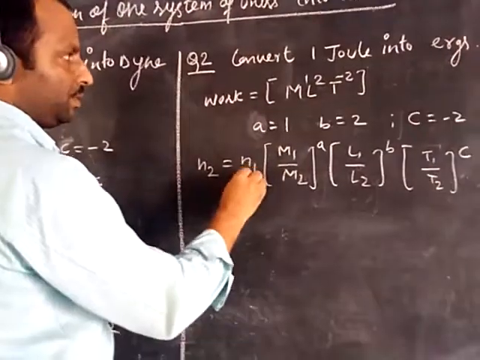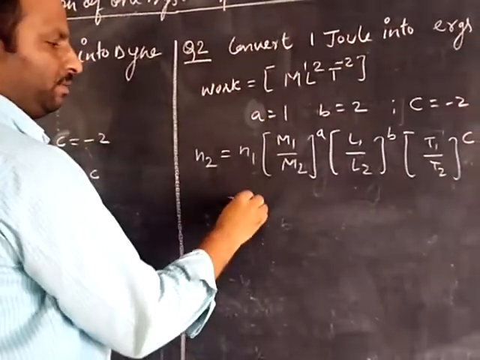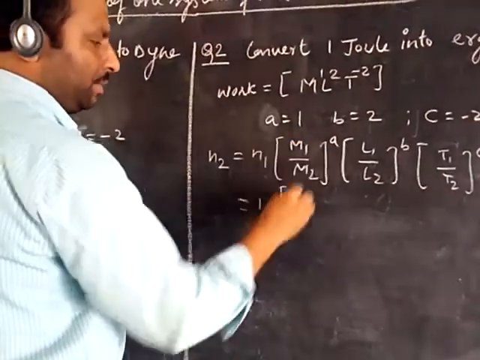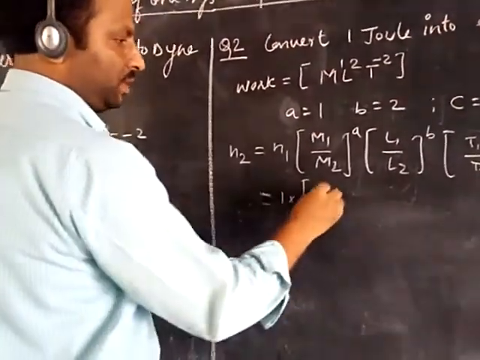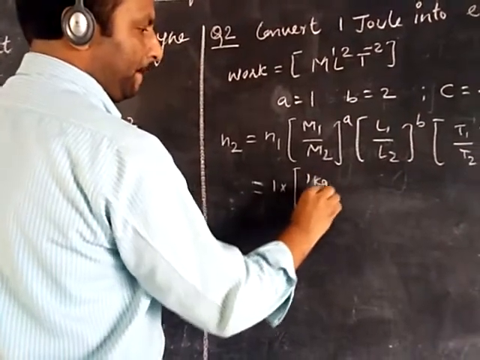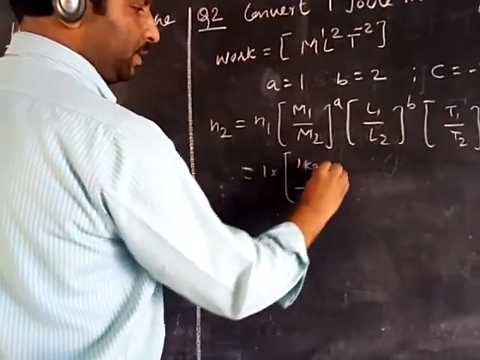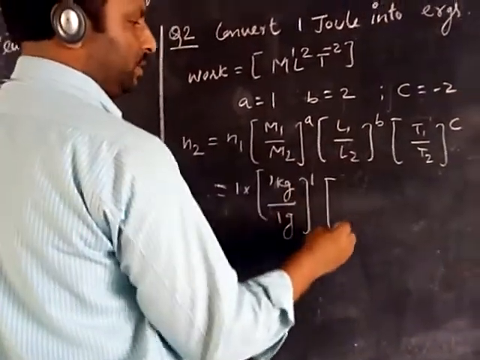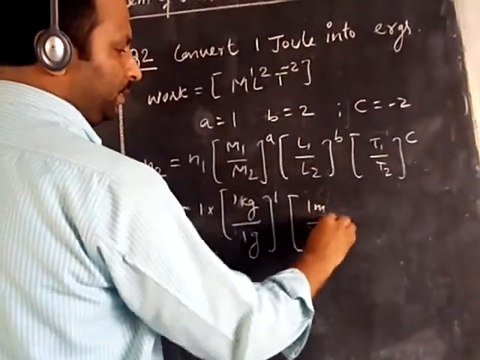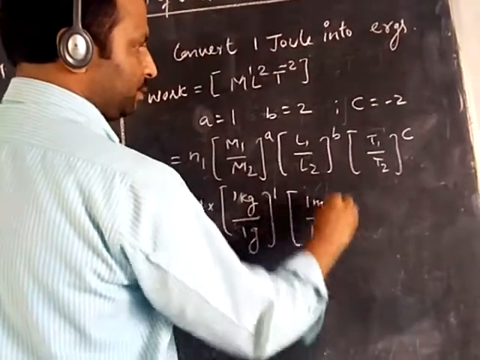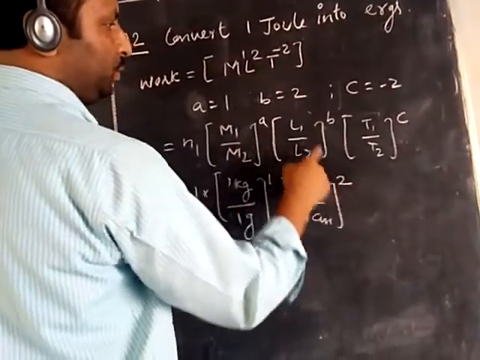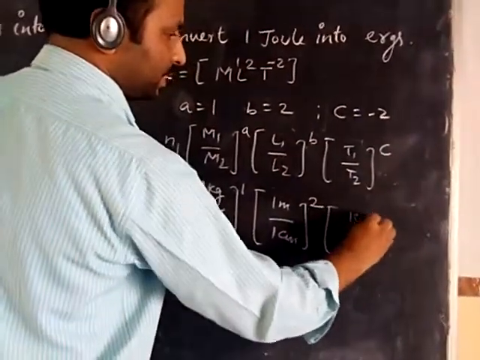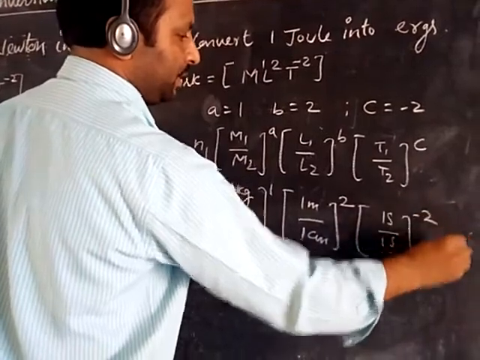So 1 joule, numerical value in the SI system, is 1. Mass in SI system is 1 kg upon 1 gram, with the value of A being 1. L1 is length in meter and here in centimeter, so the value of B comes out to be 2. Now 1 second upon 1 second, so the value of C is -2.